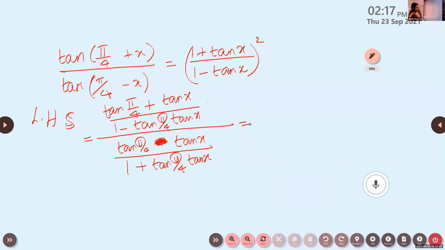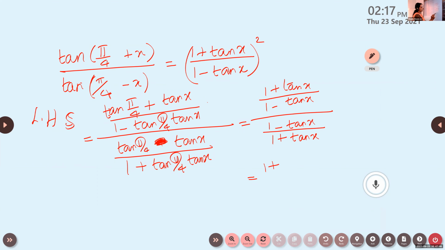Tan 45 is 1. So we get 1 plus tan x by 1 minus tan x, and in the denominator, 1 minus tan x by 1 plus tan x. So we can write this as 1 plus tan x by 1 minus tan x into its reciprocal, 1 plus tan x by 1 minus tan x.